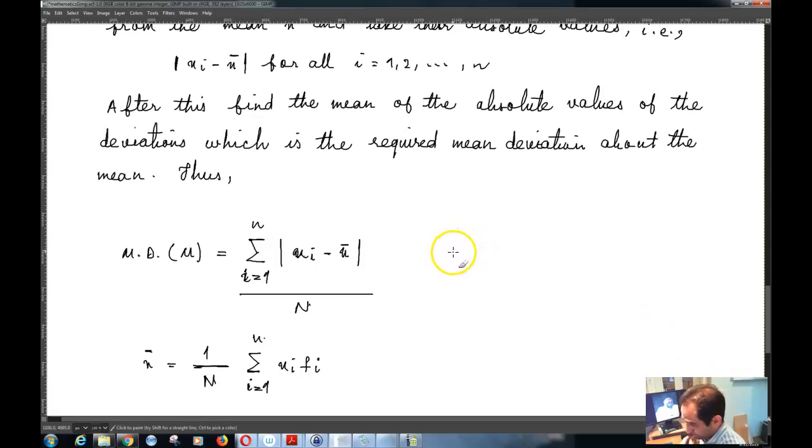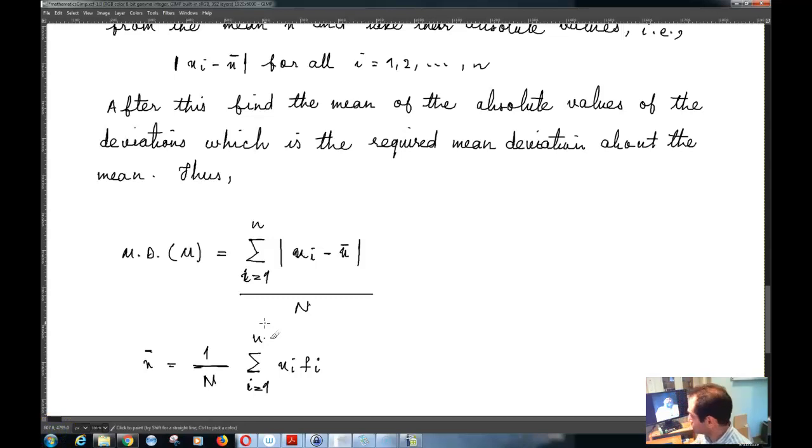Now you know that your x bar is equal to, I don't know why this has been multiplied by f of i. So that's 1 divided by n times the sum of f of i times the absolute value of x of i minus x bar. So there is something here that I don't understand.